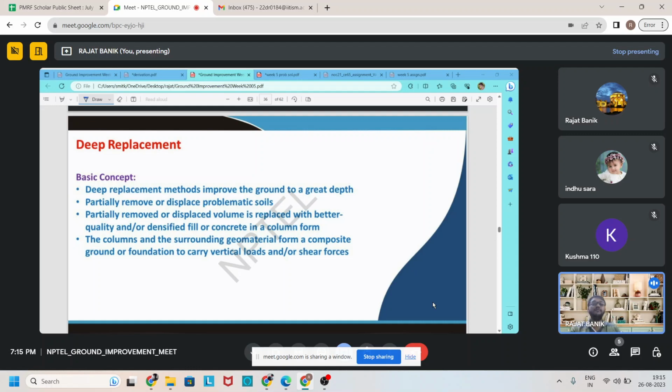Few question is framed based on this deep replacement method. So don't leave the session. I will be joined after 5 minutes at 9:20. It is very simple and very quick in two lectures. It is described very small section. So don't leave. I after 5 minutes I will join.